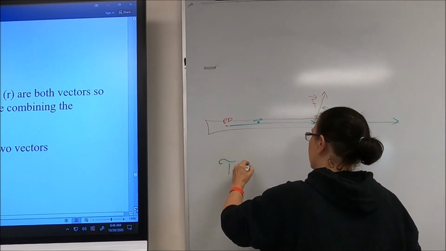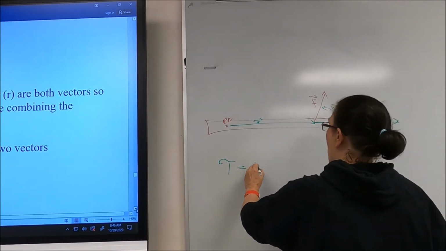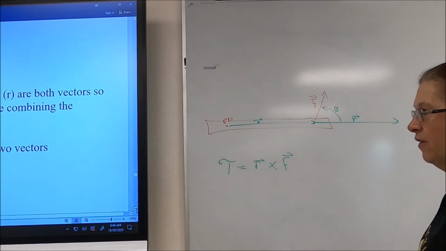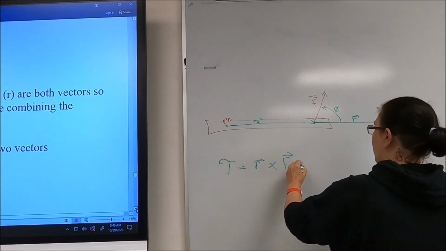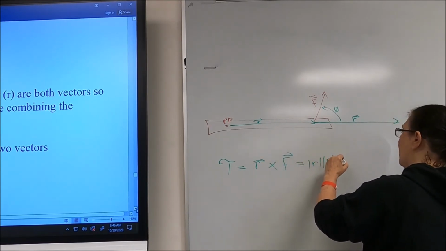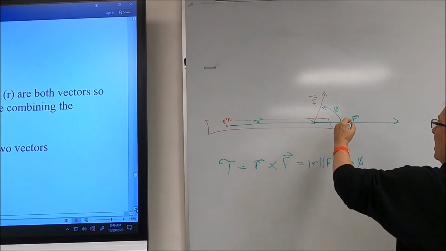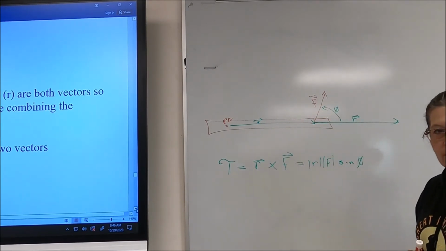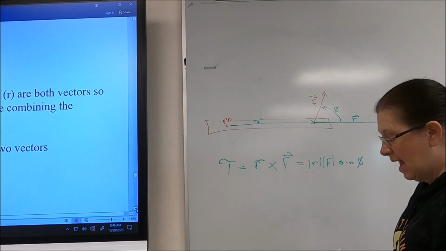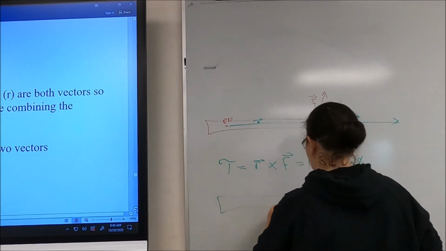The torque here is equal to vector R cross vector F, which equals the magnitude of R times the magnitude of F times the sine of angle phi, which is the angle from R to F. Okay? In this case, it would be an angle less than 90 degrees.